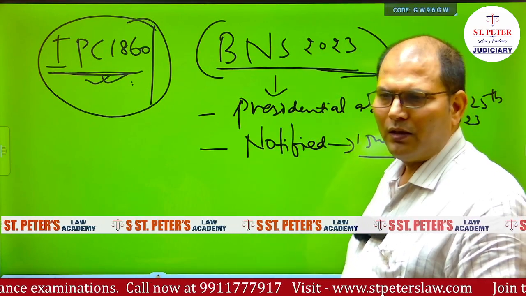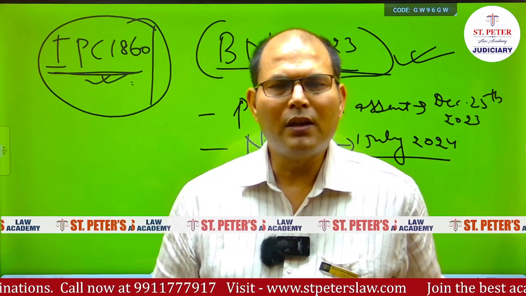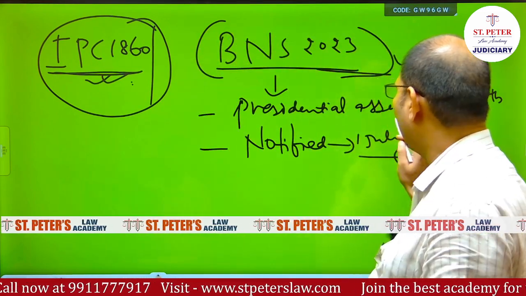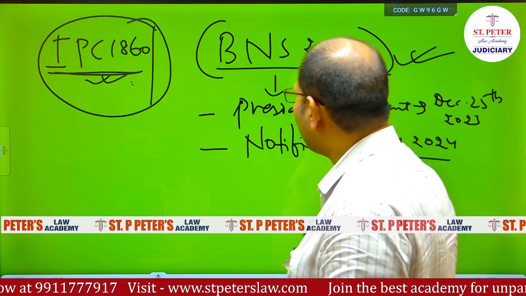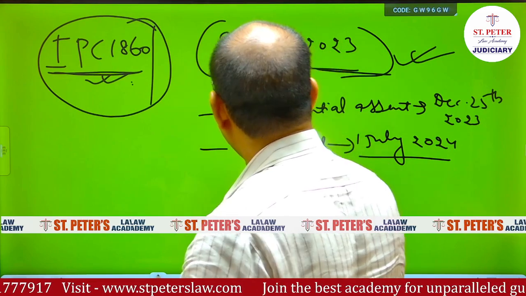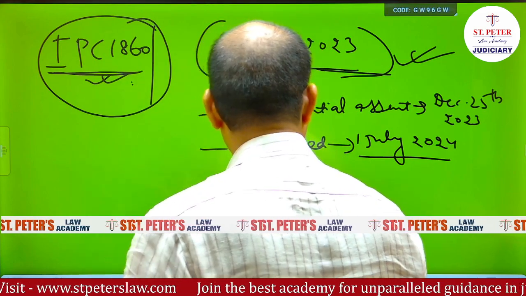And furthermore, according to the rising challenges, the crime related to terrorism, etc., have also been incorporated in the BNS. So these are the important changes that have been incorporated into this law, taking cue from the IPC 1860.